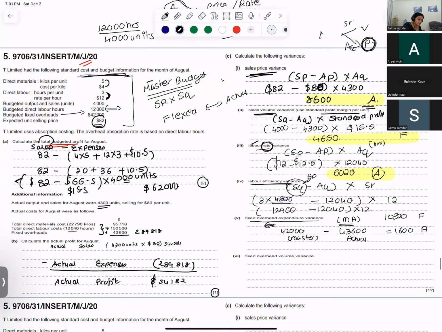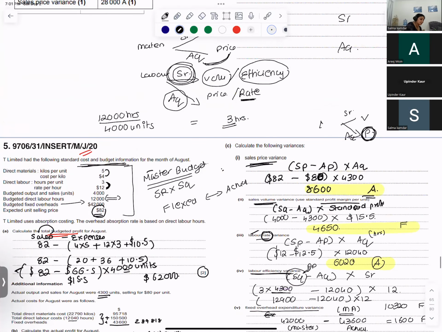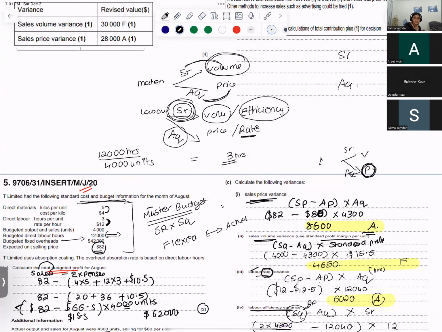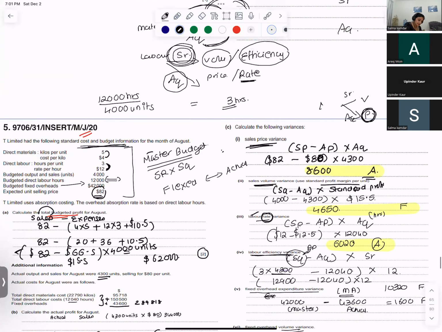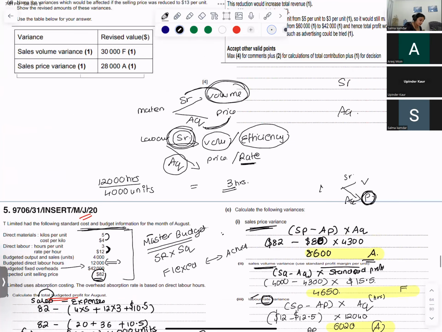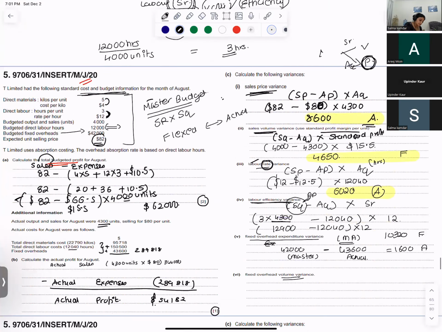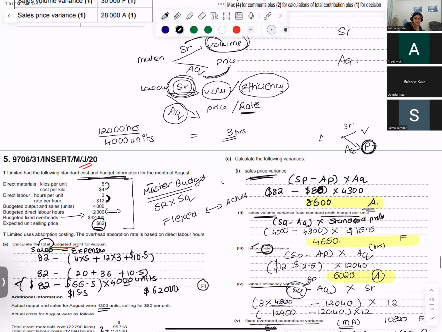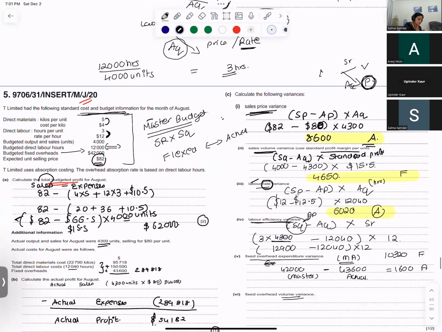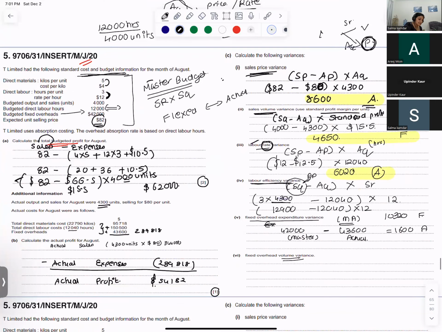Now volume variance. Volume means the first part. Fixed overhead volume variance: standard quantity minus actual quantity into standard rate.